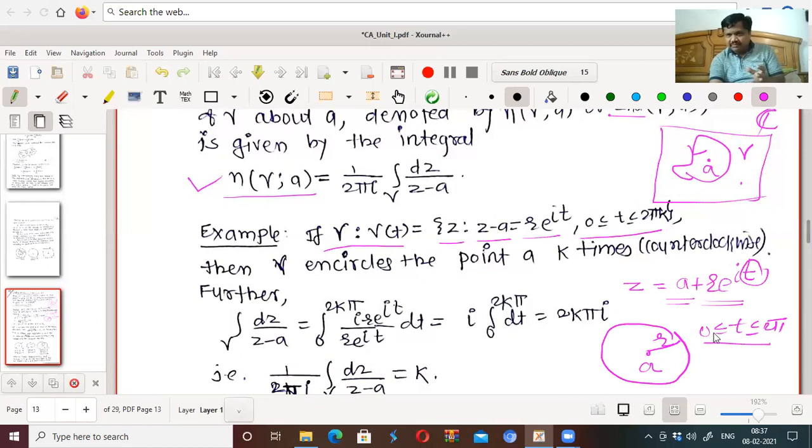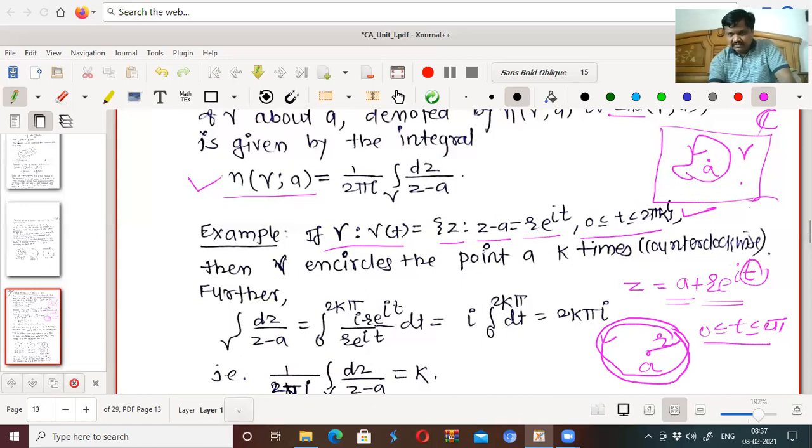If we take t from 0 to 2 pi, you get this circle. If we take t from 0 to 4 pi, you get one more circle with the same radius on the previous circle. If it is 6 pi, we get one more circle on the same region. So these are the number of circles centered at A with radius r.